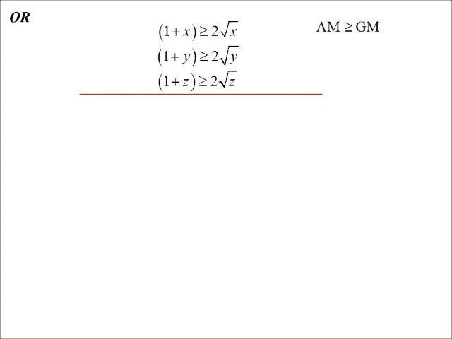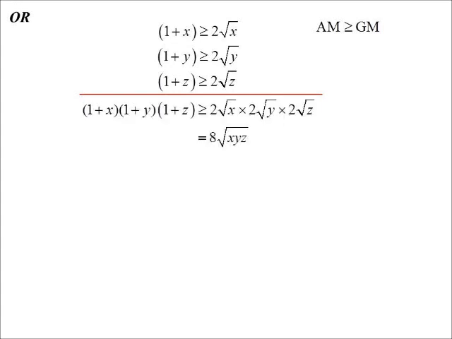I could say these are simultaneous inequalities, but instead of adding, I'm going to multiply. I get 1 plus x times 1 plus y times 1 plus z is greater than or equal to 2 root x times 2 root y times 2 root z, which is 8 root xyz. But hang on, they told me that 1 plus x, 1 plus y, 1 plus z is 8.